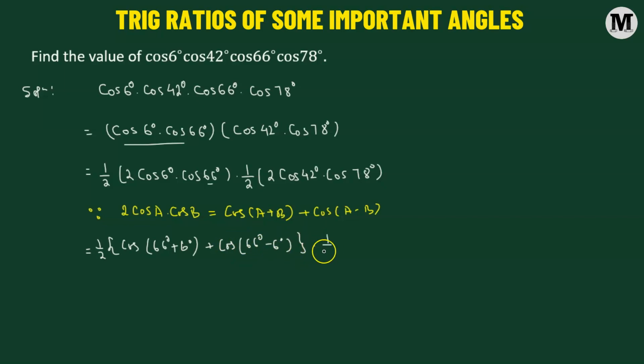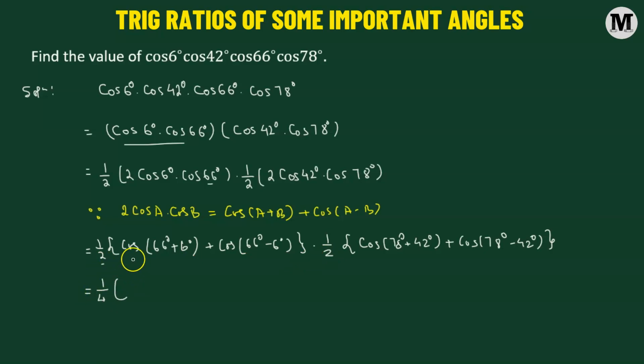Then this will get multiplied to half times the 2 times cosine 42 cosine 78. So that's going to be cosine of the angle 78 degrees added to 42 degrees plus cosine of the angle 78 degrees minus 42 degrees. Fine. Now we have this half and this half gets multiplied together, 1 over 4.